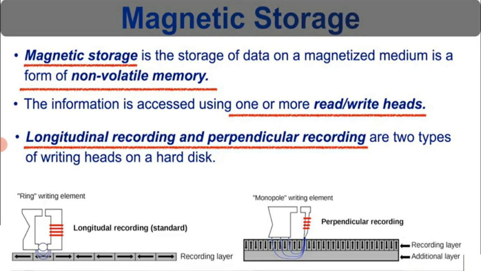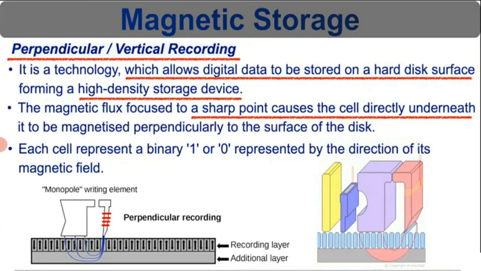Longitudinal recording and perpendicular recording are two types of writing heads on a hard disk. On the screen, the first one is longitudinal recording and the second one is perpendicular recording. Perpendicular recording is a technique which allows digital data to be stored on a hard disk surface, forming a high density storage device.